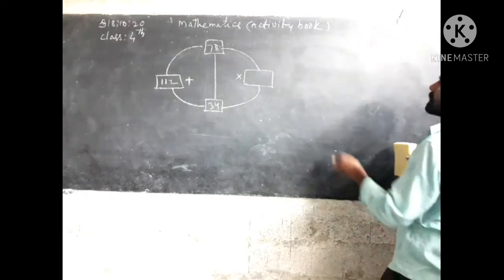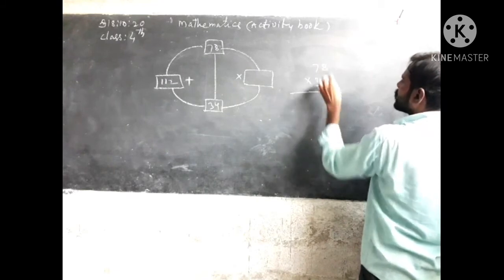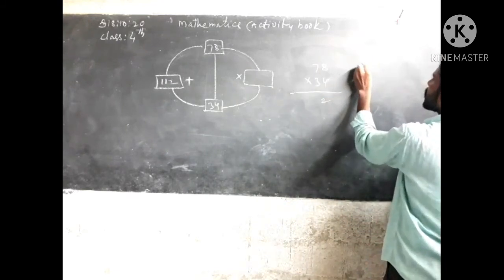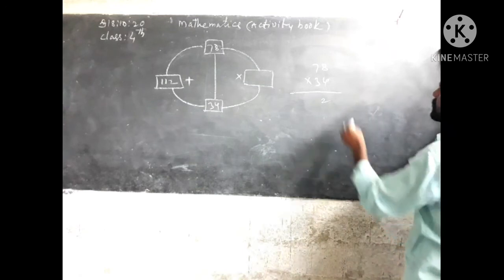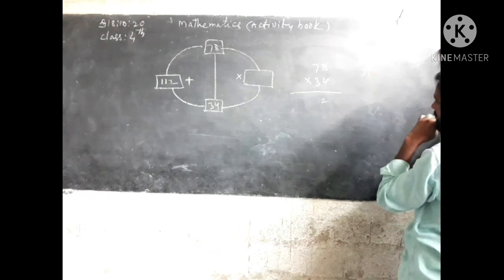See here, 78 into 34. 4 8s are 32, 2 taking, carrying 3. 4 7s are 28, 28 plus 3, 31.